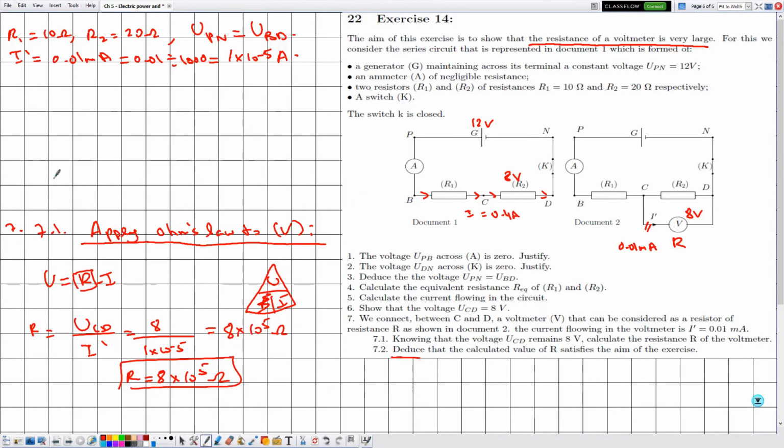So in this case, in 7.2, since R, let me write it as a whole number, 800,000 ohms, is very large, then the calculated value of R satisfies the aim of this exercise.